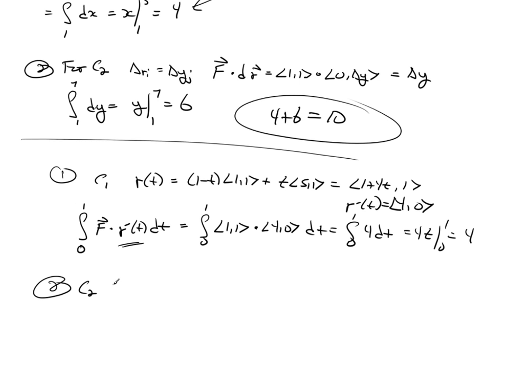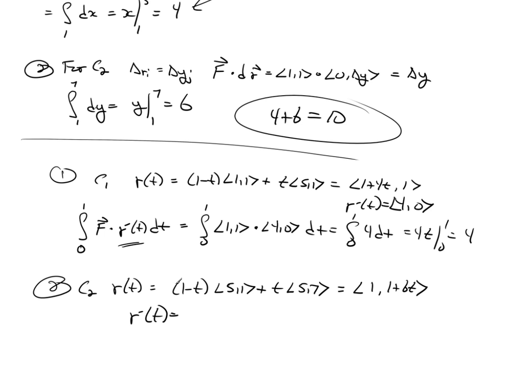So now for C2, I'm going to parameterize r of t. Again, (1 minus t) times the point (5, 1) plus t times the point I'm going to, which is (5, 7). So this is going to give me the vector equation (5, 1 plus 6t). That means that r prime of t, take the derivative, remember last time I forgot and then suddenly realized it, is going to be (0, 6).